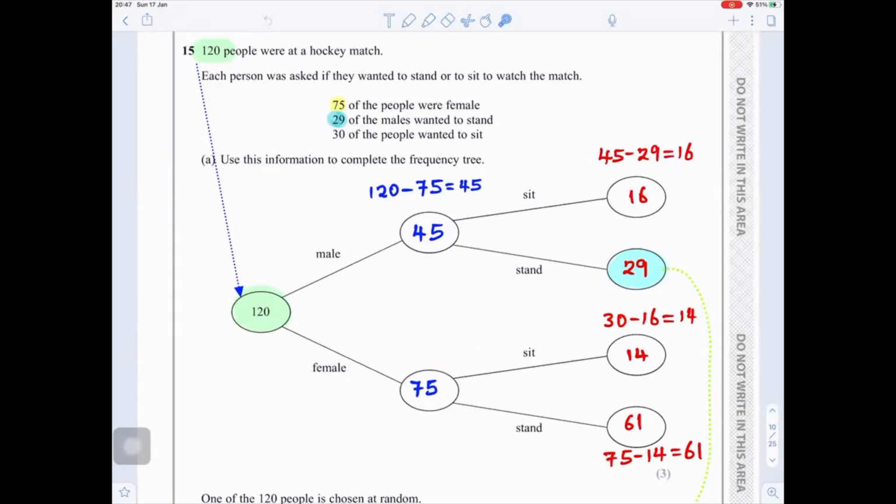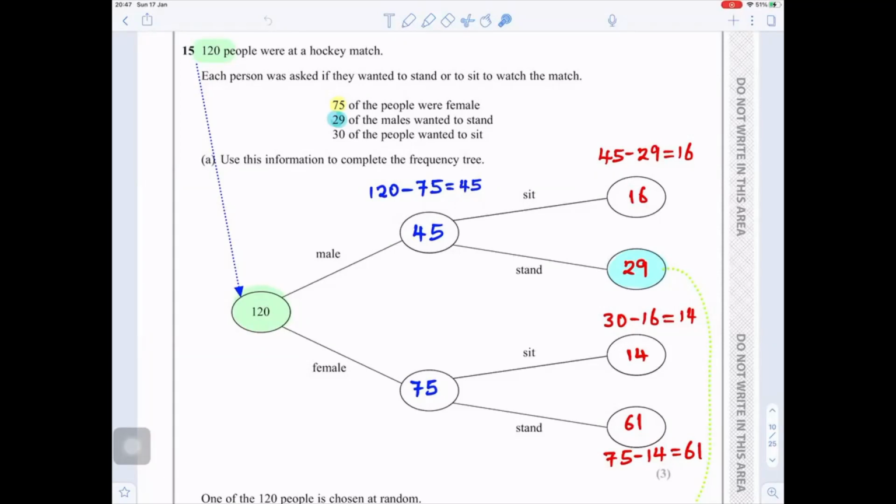So for the male, 29 of the males were standing. And that comes from the question. So we have 45 males altogether. So 45 take away 29 gives you 16 males were sitting.